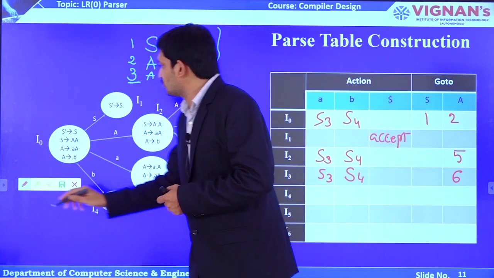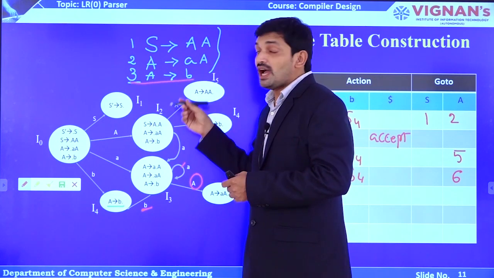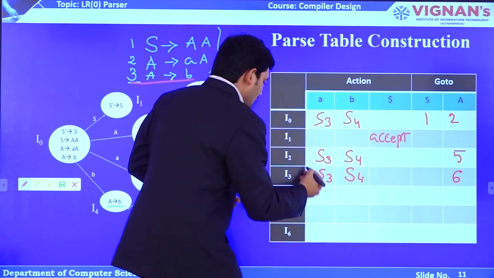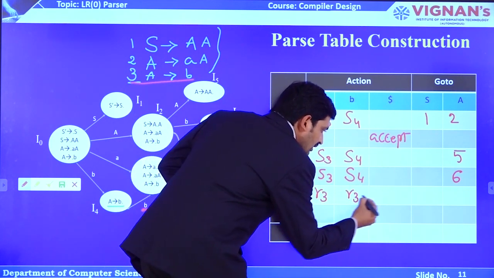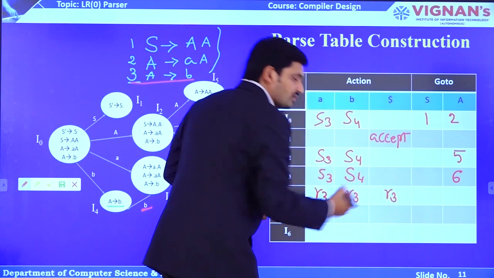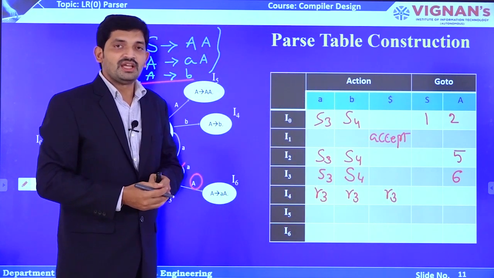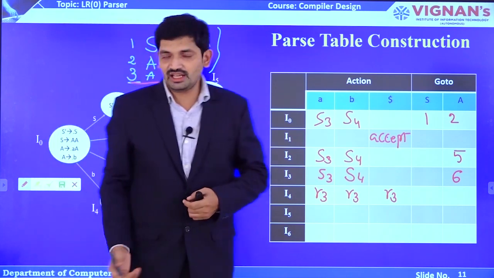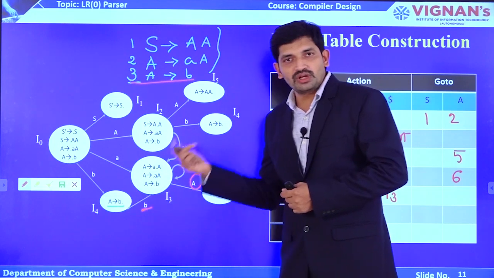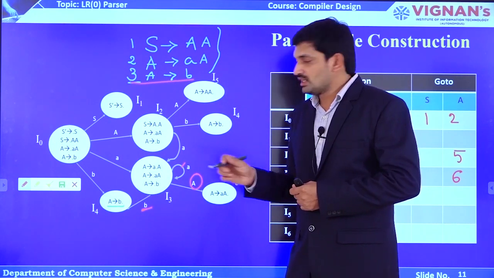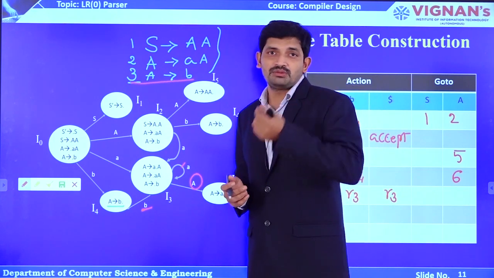So what is A tends to b? This is the third production. So I have to write R3, R3, R3. Why? Because in LR0 parsing, if there is a final item, we have to write the reduction operations in the entire row of the action part.